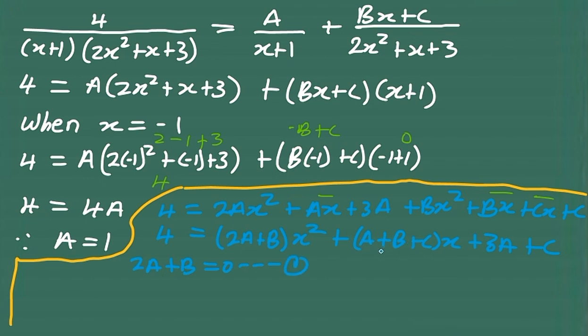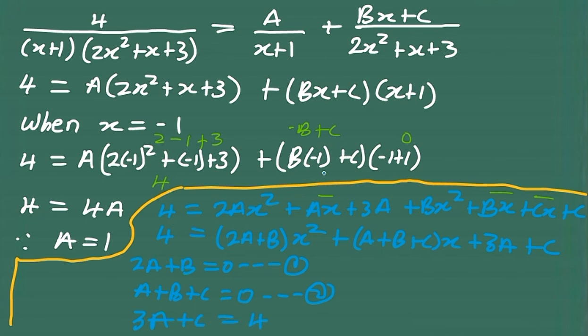Also, in this expression, we have a plus b plus c also equal to 0, since the coefficient of x at the left hand side is 0. Let's call this equation 2. Also, we have 3a plus c equals to 4, the constant 4.